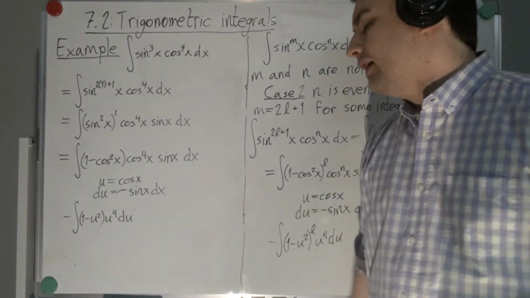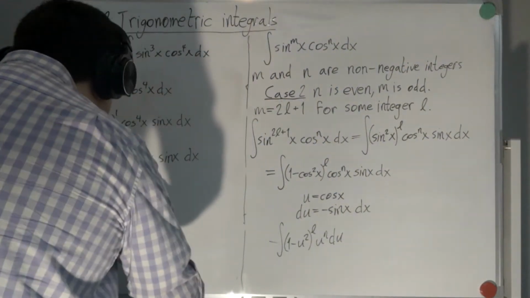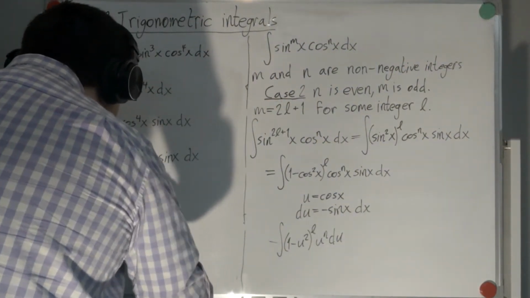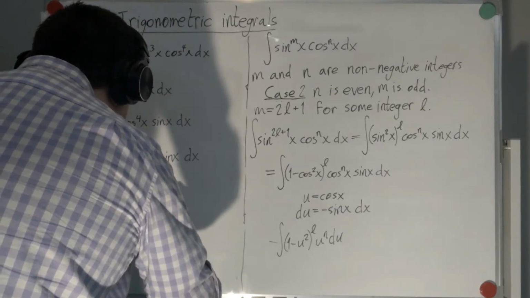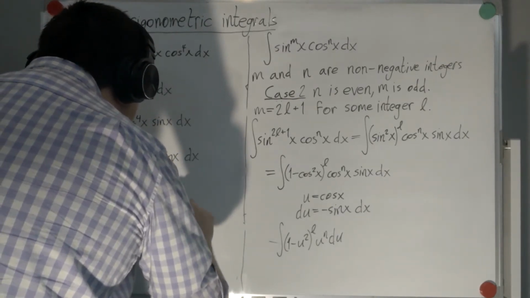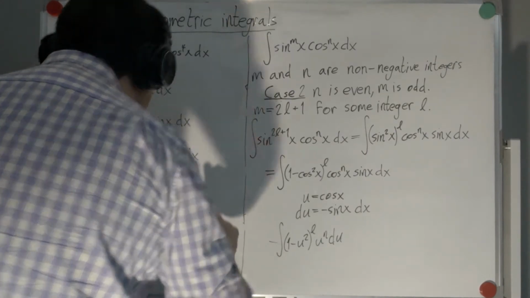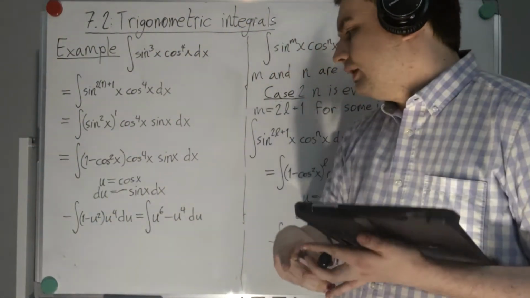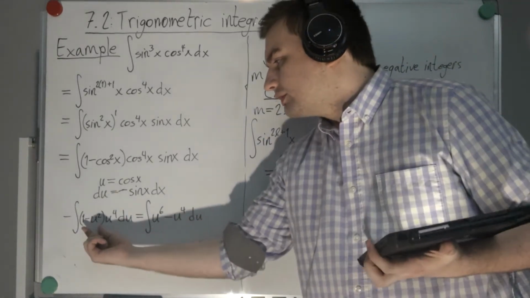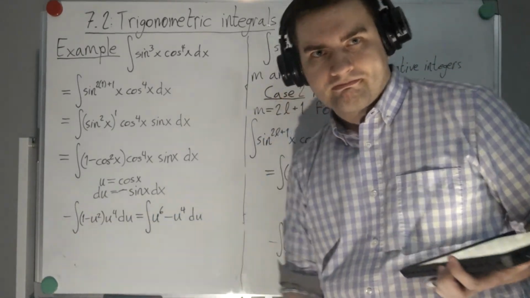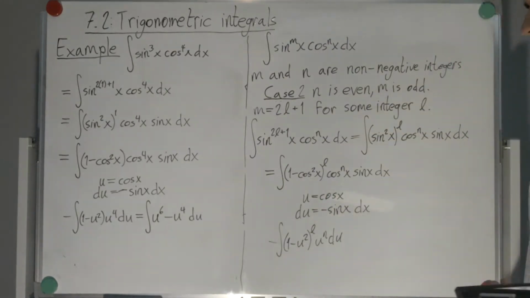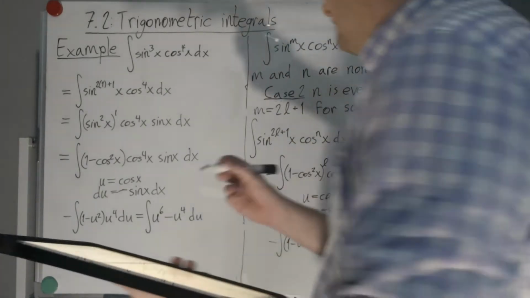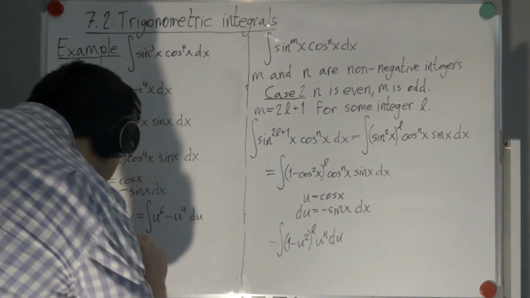We can distribute that, and what we'll get here is integral of, let's see, u to the sixth minus u to the fourth du. And by the way, what I've done here is I've gotten rid of this negative sign by just switching the position of these two terms. So then, of course, we can take the antiderivative of this by the power rule.